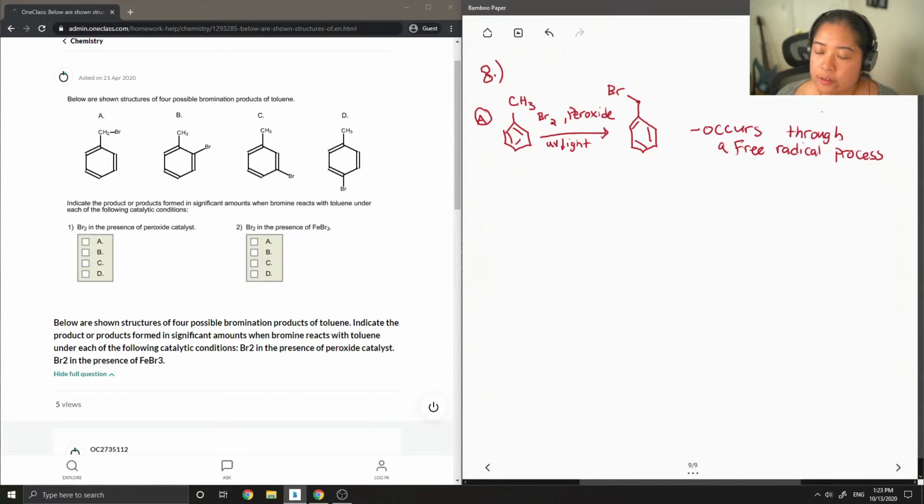Basically, you need UV light for these types of reactions because you really need to add more energy in order to have reactions that occur through the radical process. And what's cool about this reaction is that the bromine is attached to the carbon that is least substituted. So we call this anti-Markovnikov.